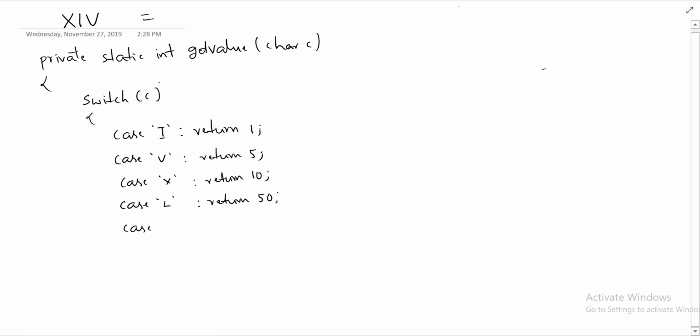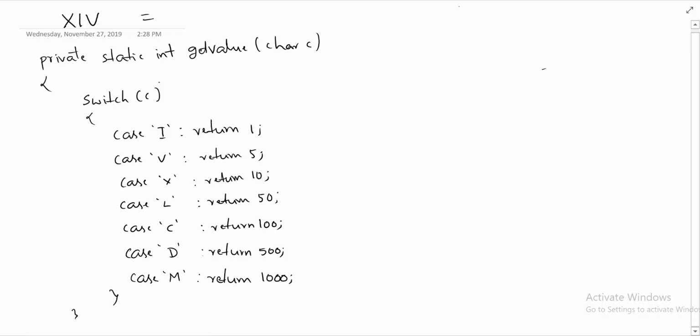If it is C, it should return 100. If it is D, 500. And if it is M, that is 1000. Okay, this is the helper function to get the values.